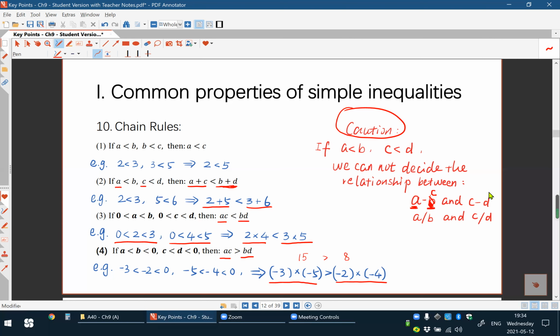This should be A minus C, and this should be B minus D.